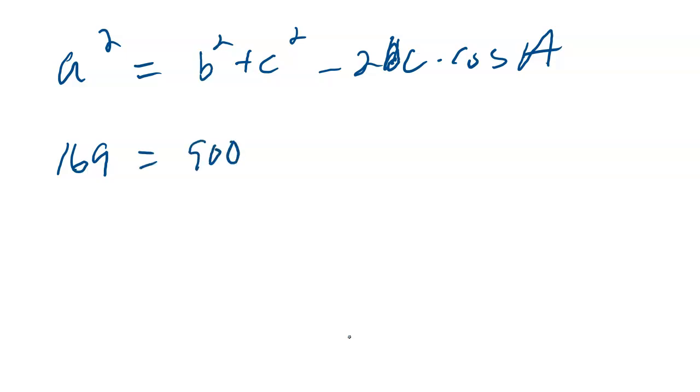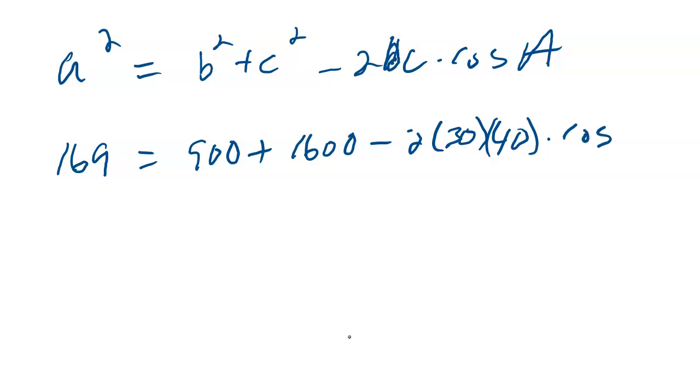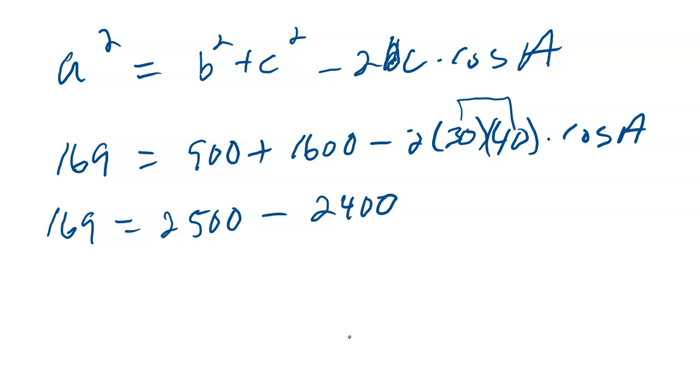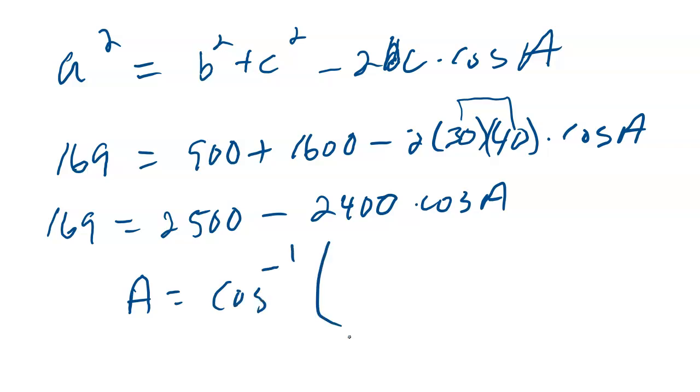B is 30 squared, so 900, plus c squared, which is 1600, minus 2 times 30 times 40 times cosine of A. 169 is equal to 2500 minus, that looks like 2400, times cosine of A. So A is going to be equal to cosine inverse of 169 minus 2500, all divided by negative 2400.